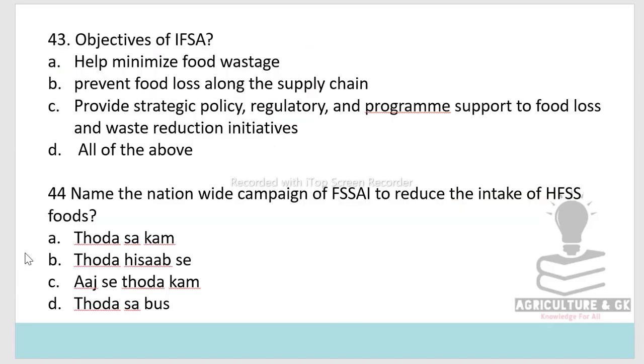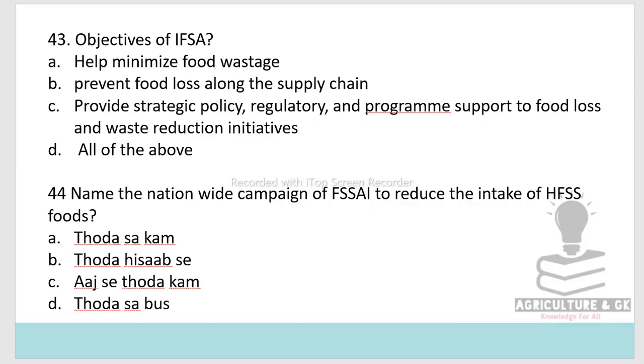Now next question, objectives of IFSA. So IFSA is Indian Food Sharing Alliance, and its objective is to help in minimizing the food wastage or to prevent food loss along the supply chain, and also to provide strategic policy, regulatory and program support to food loss and waste reduction initiatives.